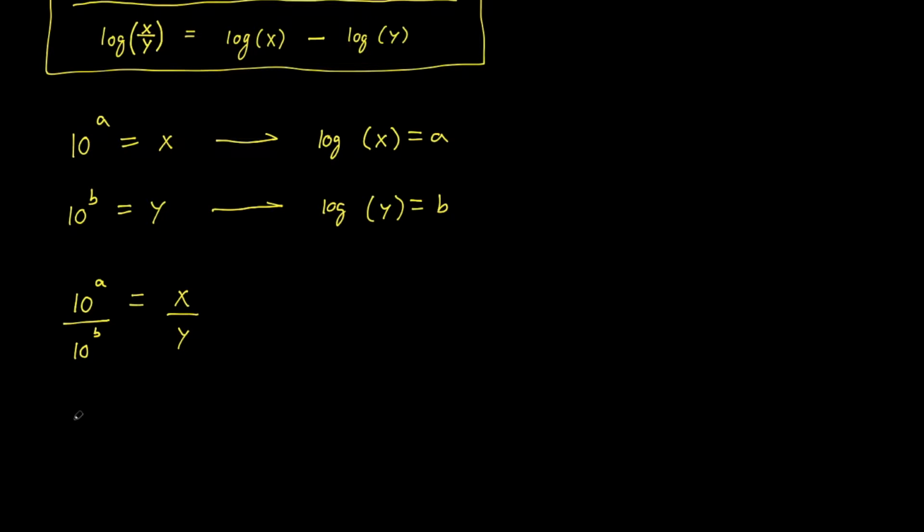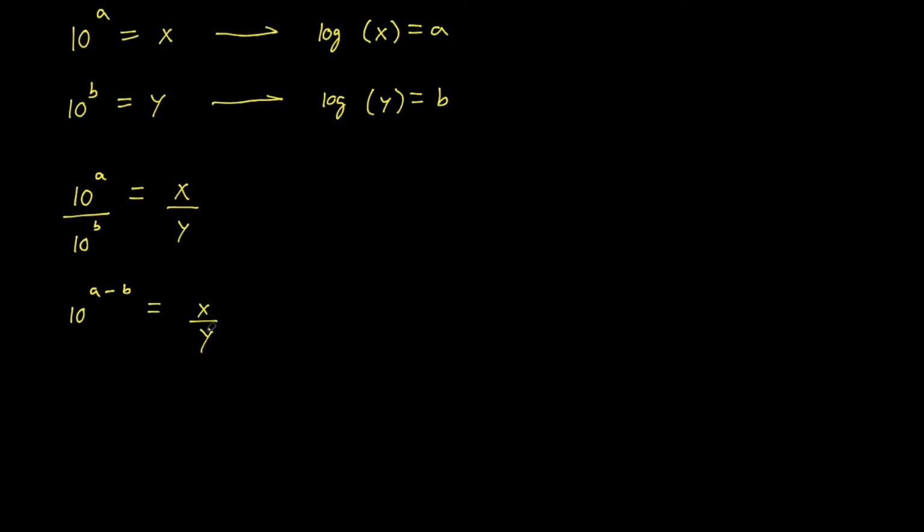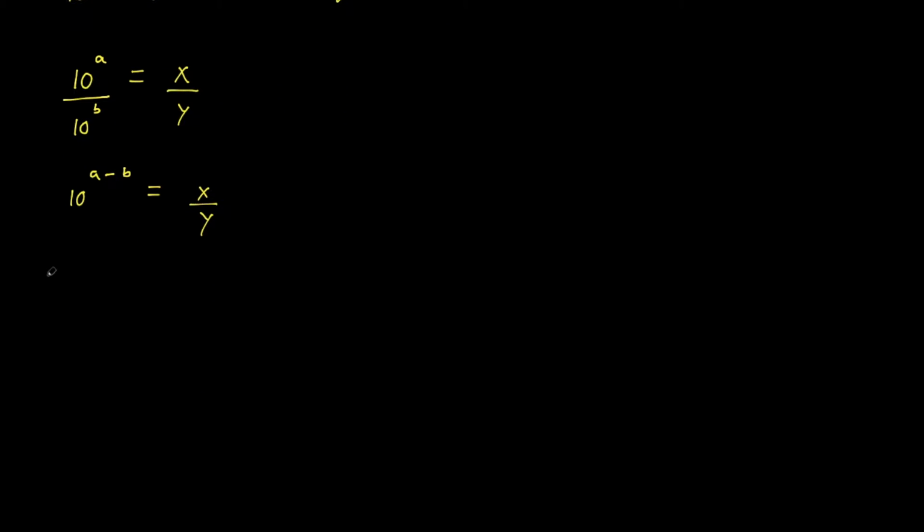And so another way to write this is 10 to the a minus b equals x over y. Well, we actually solved in terms of logarithms anyway. We solved for a and b up here. We have log of x equals a and log of y equals b. So let's replace that in here.